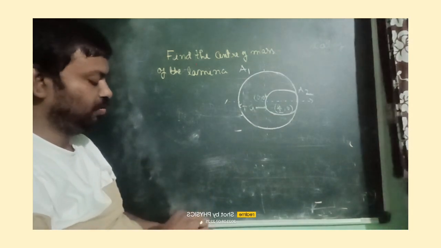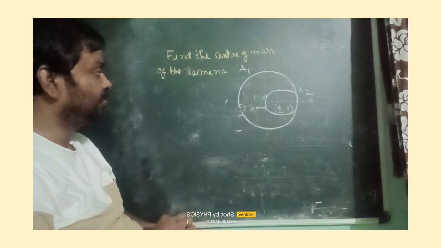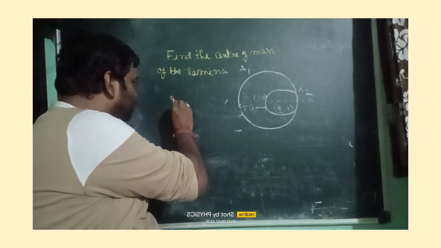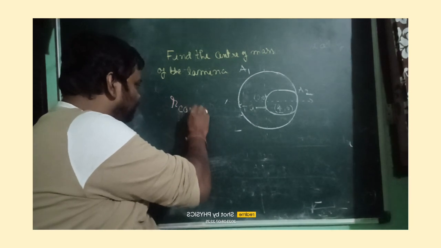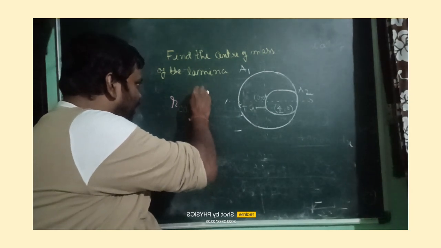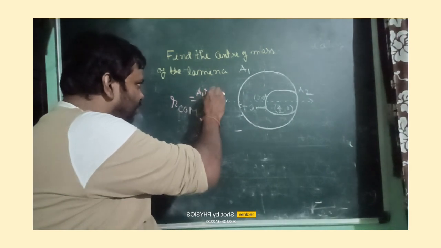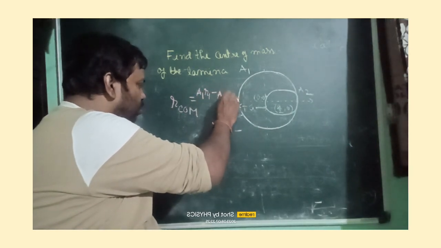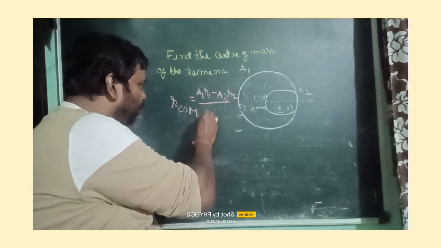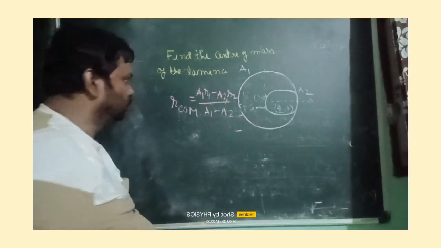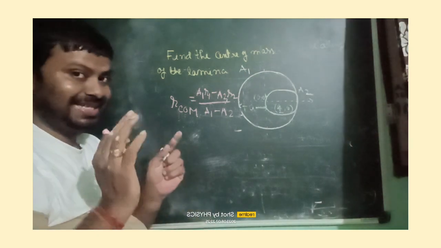The formula to solve that kind of problem is RCOM is equal to A1 R1 minus A2 R2 by A1 minus A2. Now what is A1?